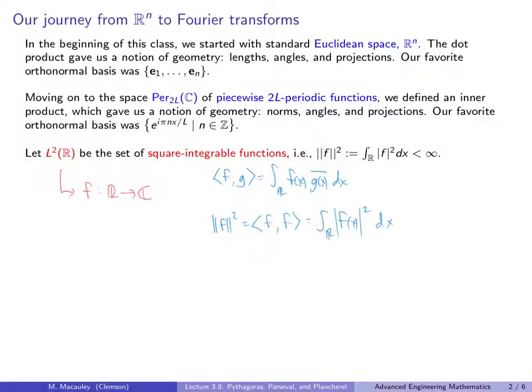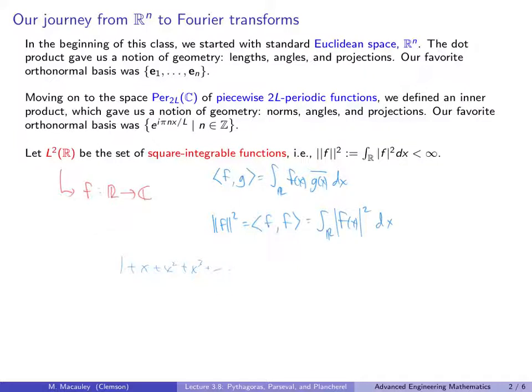So if this integral doesn't exist, then the function doesn't have a norm. It doesn't really make sense to speak of the vector space of these vectors if some of them are infinite. So for example, it's sort of like if we were to look at the space of continuous functions, and then I write 1 plus x squared plus x cubed plus etc. Well, this is a perfectly good power series. If we try to compute its norm, based on how we define the norm of continuous functions, it's not going to be finite.